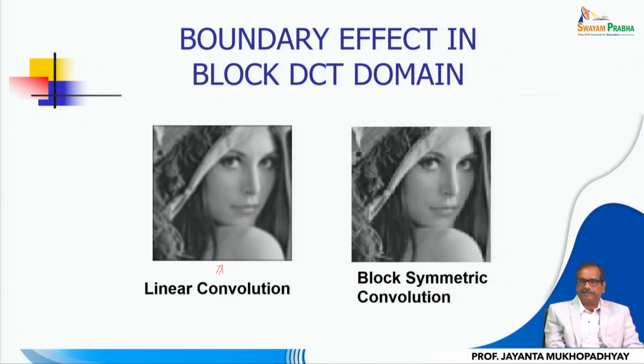Then I apply the type 2, type 1 DCT, and multiply that type 1 DCT with each 8x8 block of the input image, that means each DCT block of the input image, and then in the output, those are the processed DCT blocks, and I perform the inverse transform and display it here.